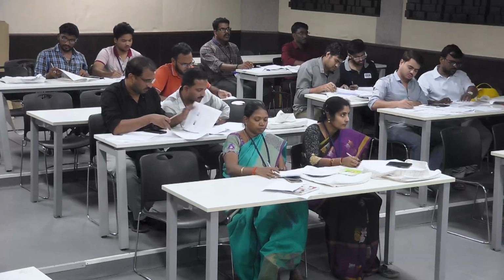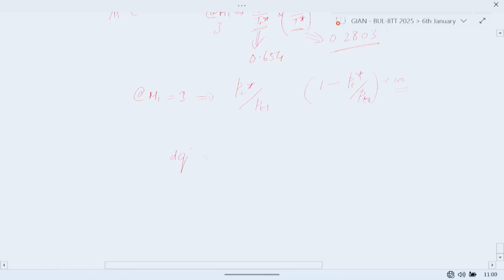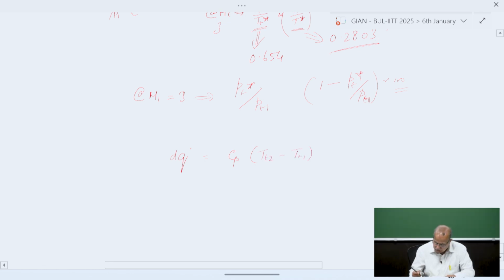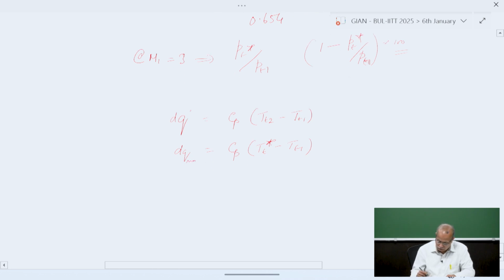To calculate the heat flux, dq is equal to Cp Tt2 minus Tt1, but it is the heat that is required to choke the flow, Tt star by Tt1. This is the maximum. So what is the fuel air ratio that is required to choke?